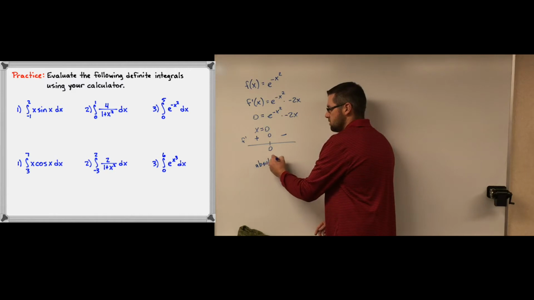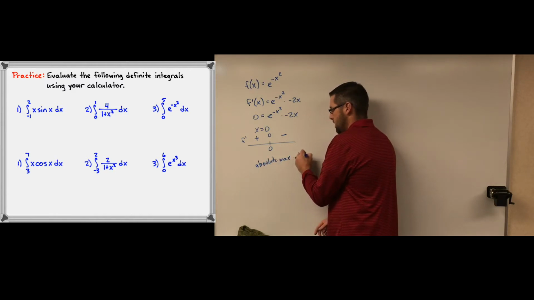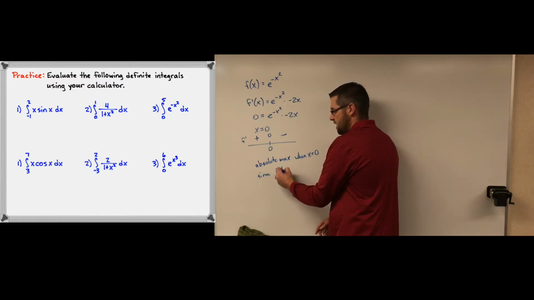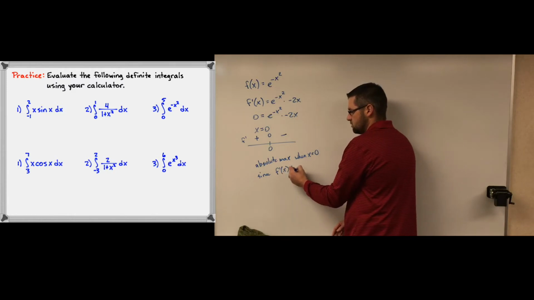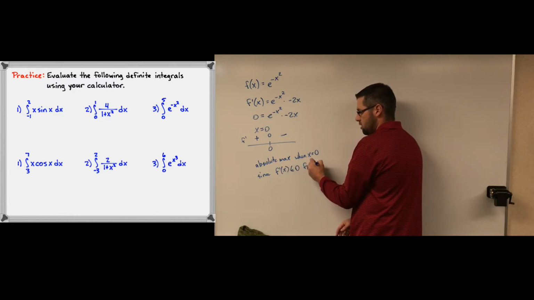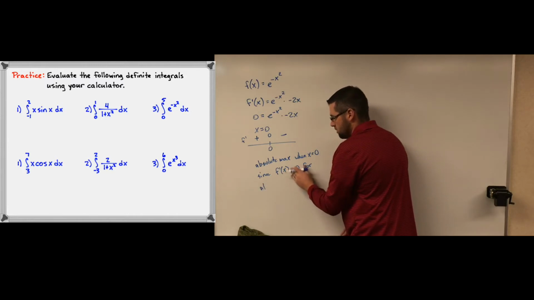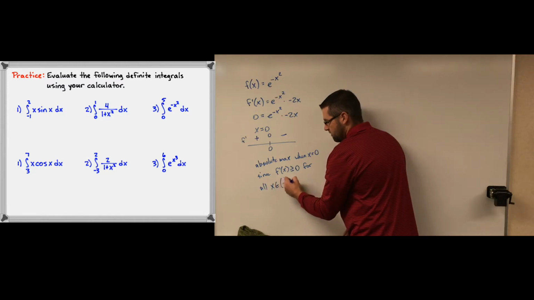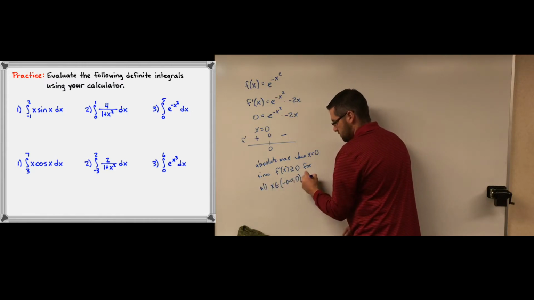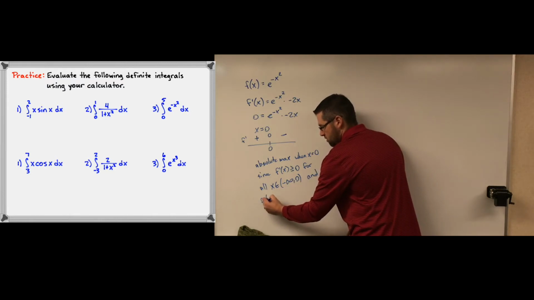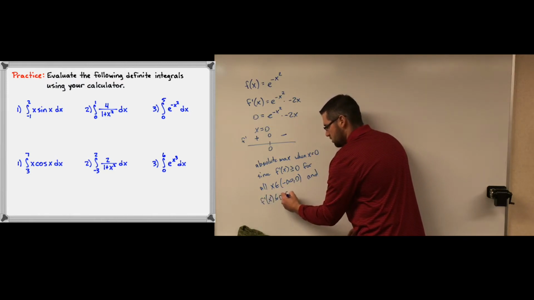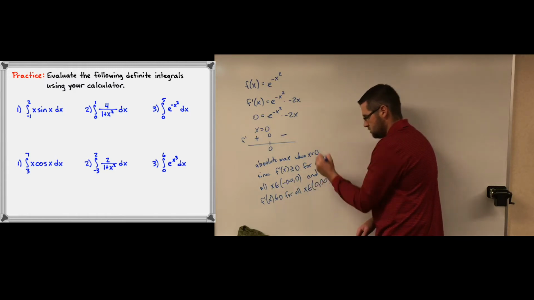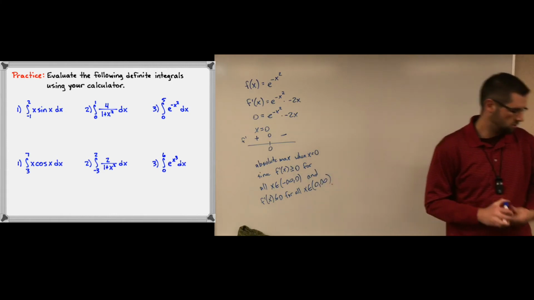It's an absolute max when x equals 0, since f prime of x is greater than or equal to 0 for all x within negative infinity to 0, and f prime is less than or equal to 0 for all x within 0 to infinity. That's a good review. You guys okay with that? You remember it?